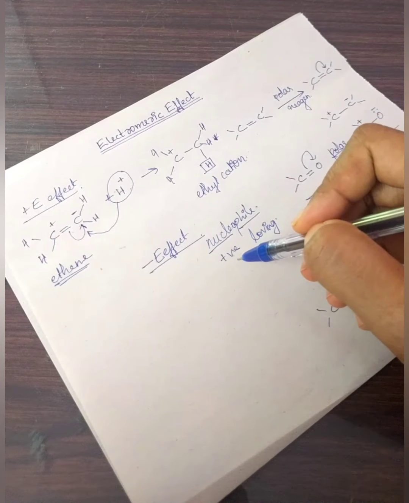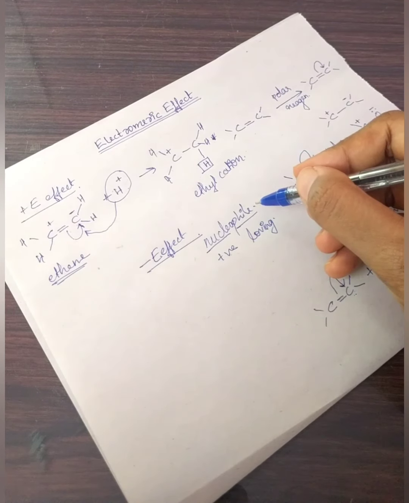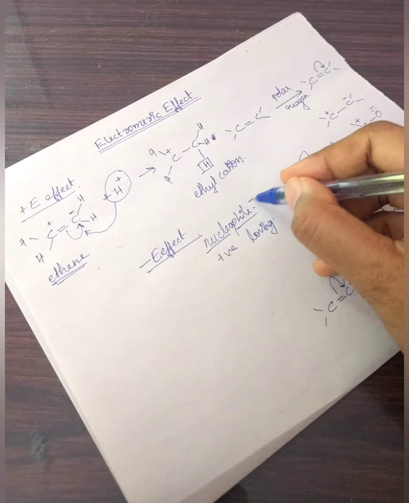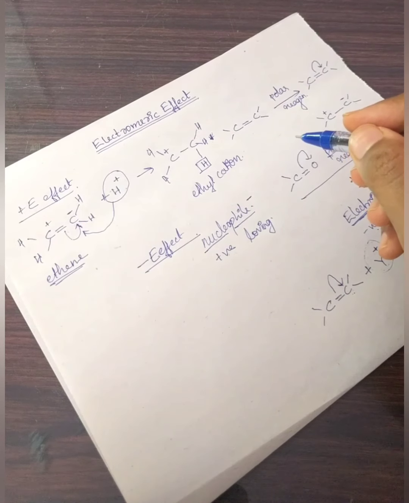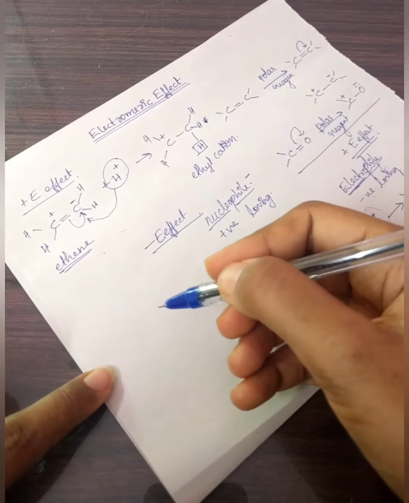So something which loves the positive charge. So a nucleophile itself has a negative charge. So when the attacking reagent is a nucleophile, that means it seeks an electron deficient center or a positive center for its attack, the electromeric transfer of pi electrons takes place away from the attacking reagent. That is called our minus E effect. Let me explain by an example.